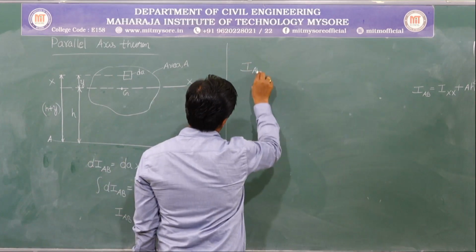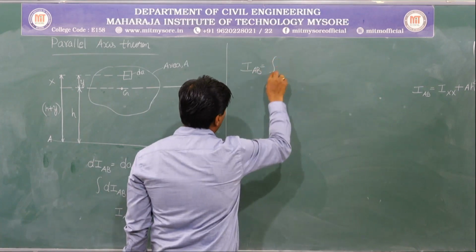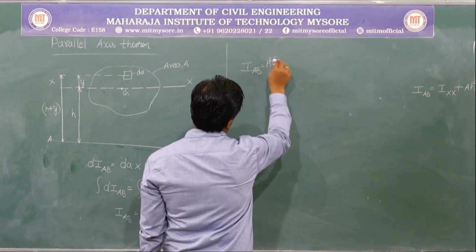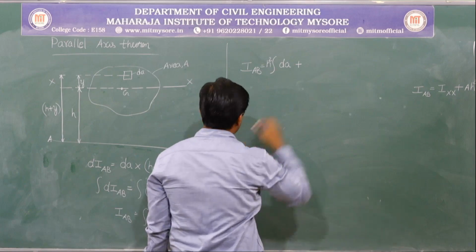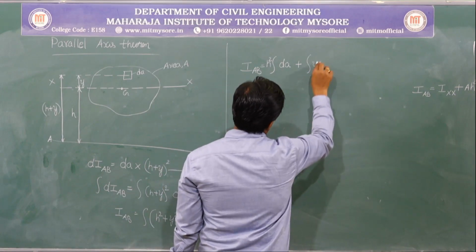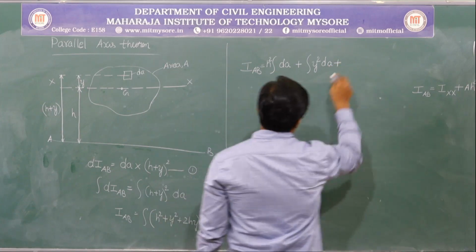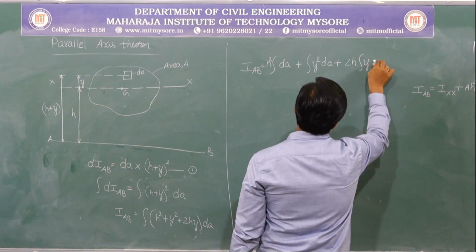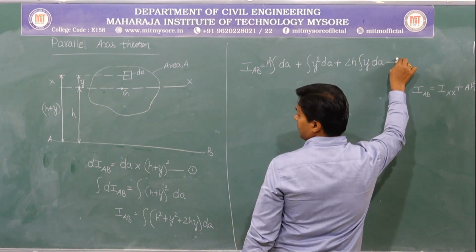IAB is equal to integral of h square dA, h square I can take out as it's a constant term, plus integral of y square dA, plus 2h, which I keep outside, into integral of y dA. Let me call this equation 2.